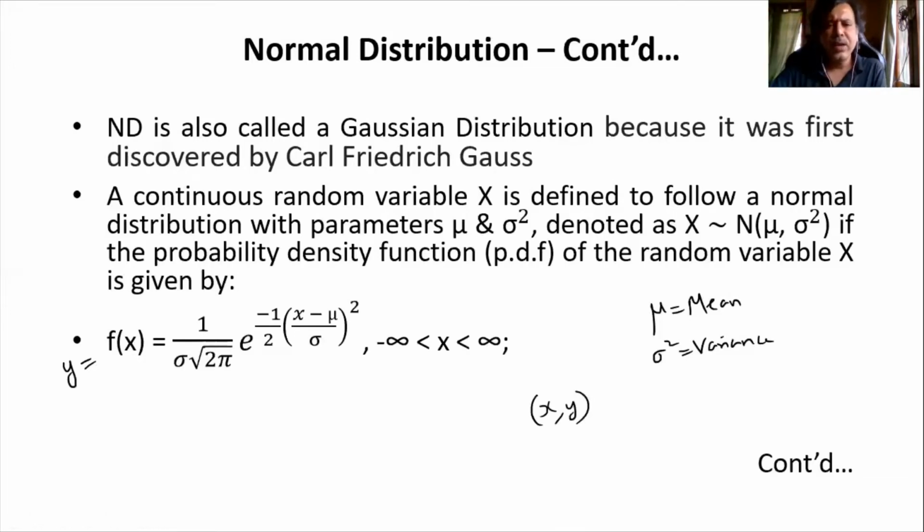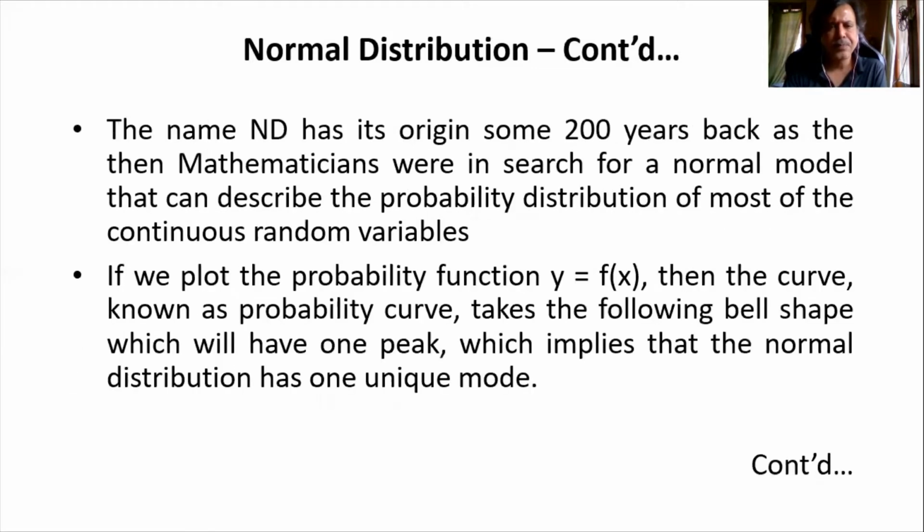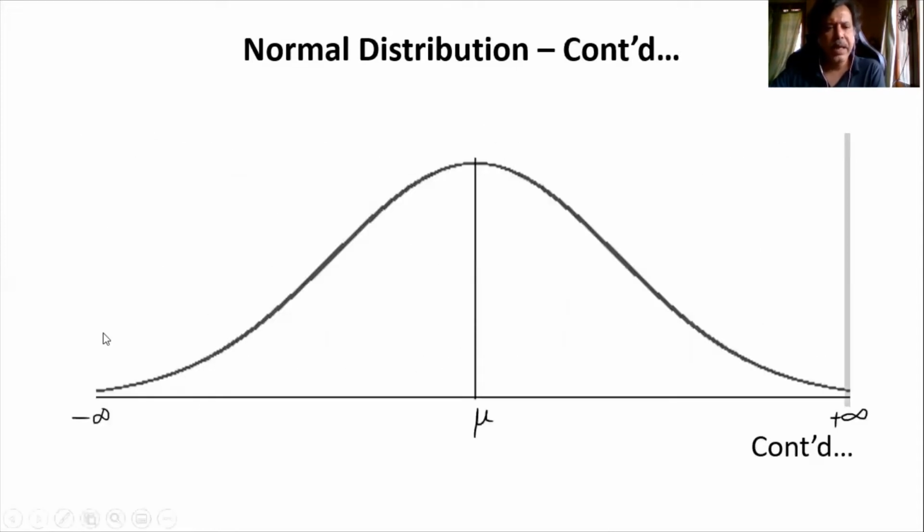If we plot this on a graph sheet, we will get a probability curve which will take a bell shape, and that will have only one peak, which implies that the normal distribution has a unique mode. Only a single mode is there. So the curve will look like this. It will be like a bell curve going like this, and the center point is your mean, and this side it is negative infinity, this side it is positive infinity.